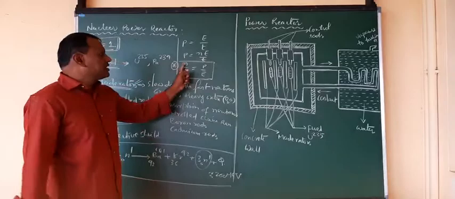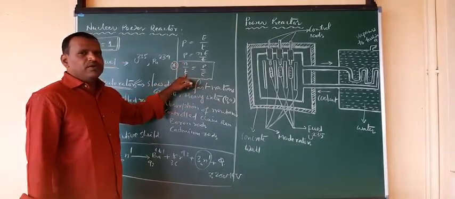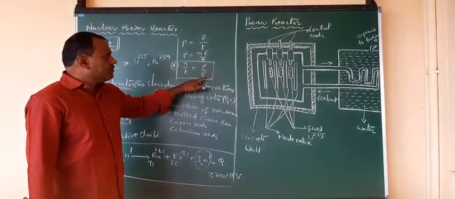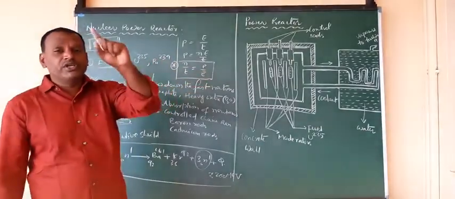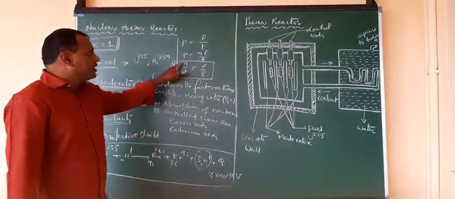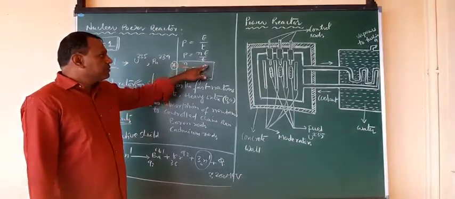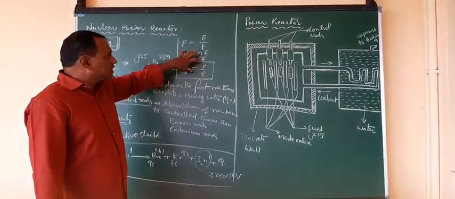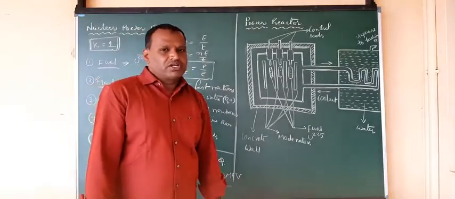So N is number of fissions per second, per unit interval of time, given by P by E, power divided by energy which is produced in each fission. So this is a required equation for calculation of power generated in the power reactor, right?